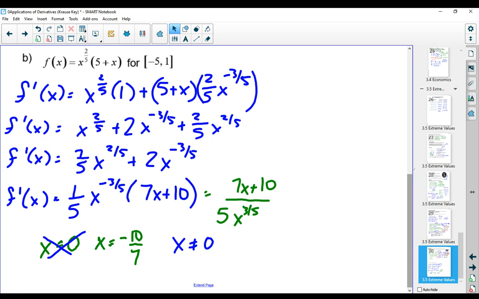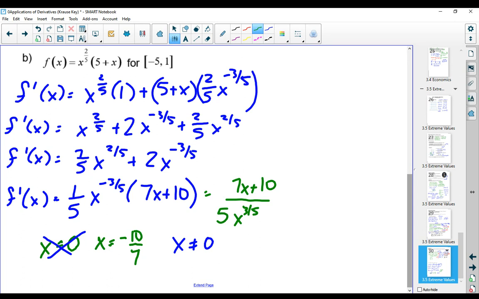And so if we plug in all of our values here, we're going to have f at -10/7.